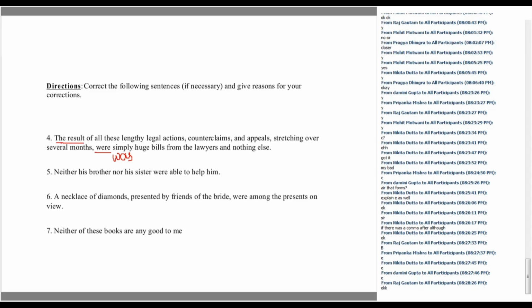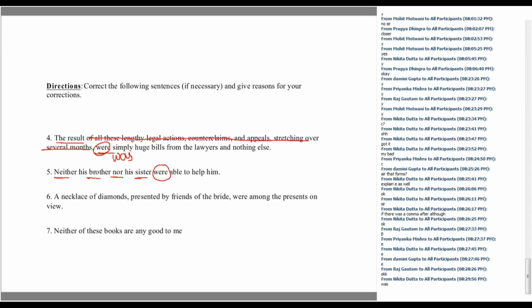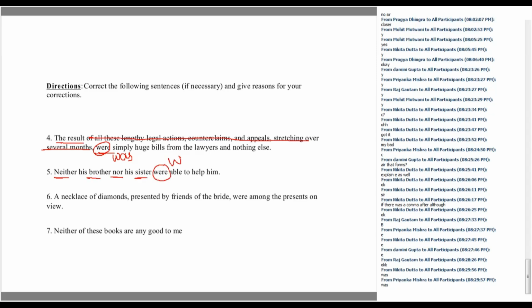All of this is of construction, it is immaterial. We are talking about the result. The result is singular, that is why we use a singular verb. Neither his brother nor his sister, either, nor, both of them are singular, so it cannot be "were," it has to be "was."